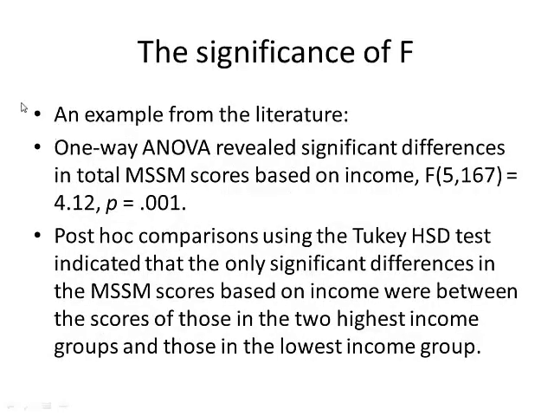But I have an example from the literature here. This was based on a study that I did with Michael Frayne at Florida Atlantic University, and we developed a self-management instrument for people with MS. And we were interested in looking at whether people had different scores on our self-management instrument based on how much money they made.